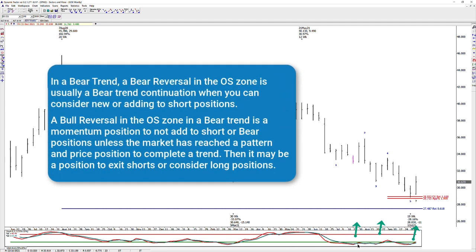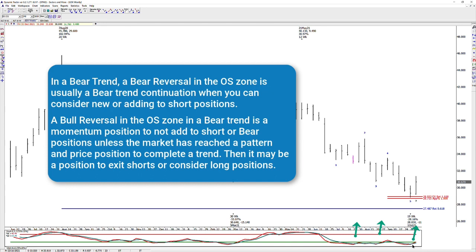A bear reversal is a trend continuation of the bear trend, and we can consider initiating or adding short trades as long as the momentum is bearish. When it's bullish from the oversold zone in a bear trend, we just don't add short trades.